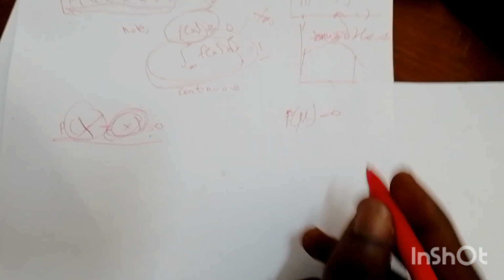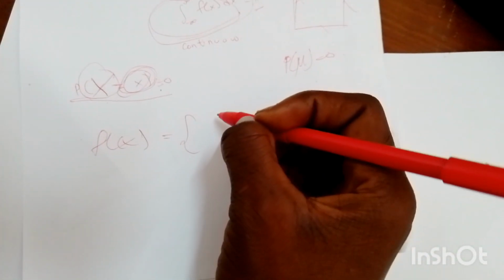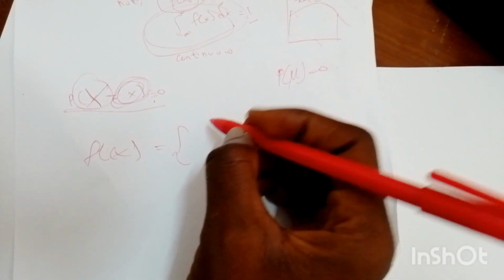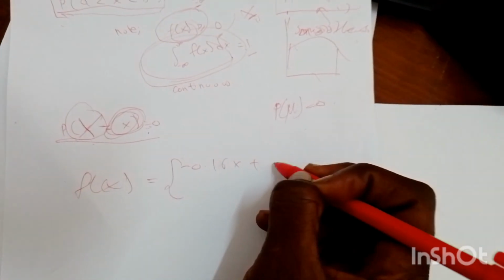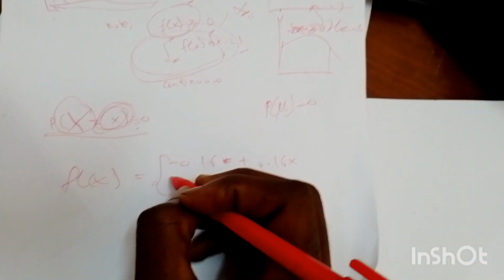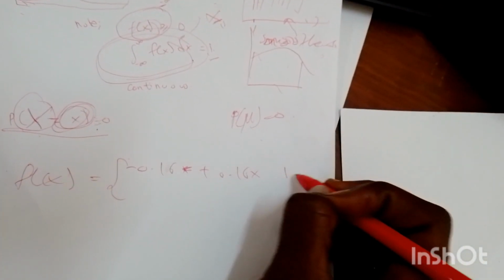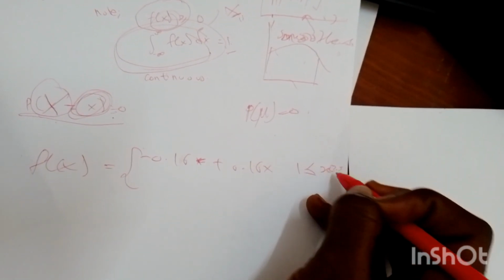They will give you the f of x. Let's use an example about some battery half-life. They can give you f of x equals negative 0.16x plus, sorry, negative 0.16, for x between 1 year and 3.5 years.